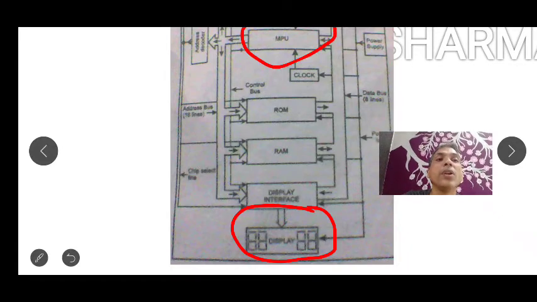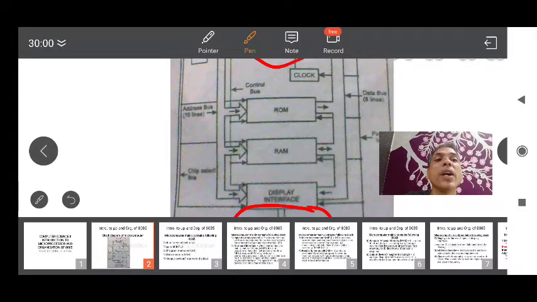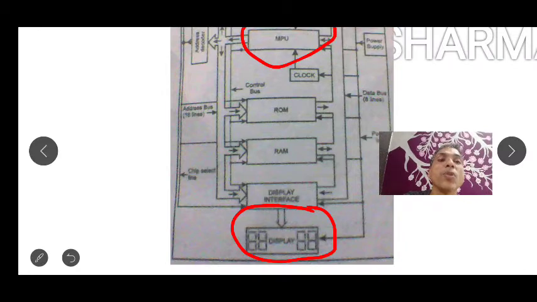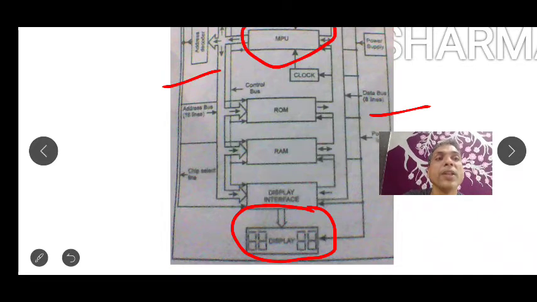Now you can see that apart from this we have RAM and ROM. We are going to study all this. Then we have the data bus, address bus, many things. Then we have the power supply.